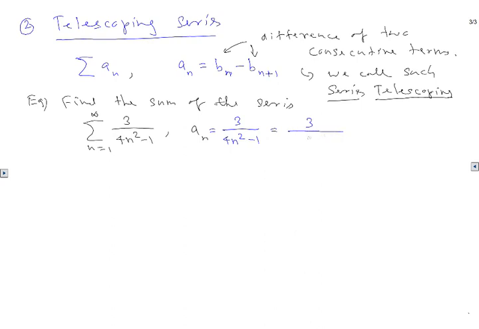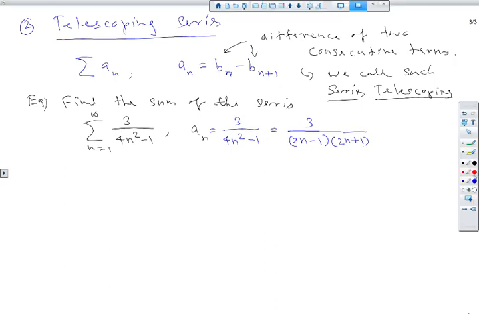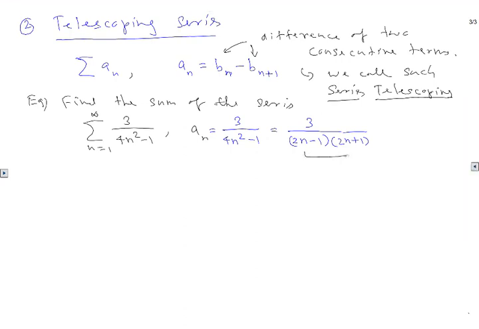Because 4n squared means (2n) squared minus 1, we can write this as (2n minus 1)(2n plus 1). This is interesting because you can see that these two are consecutive odd numbers, right? Consecutive odd numbers.